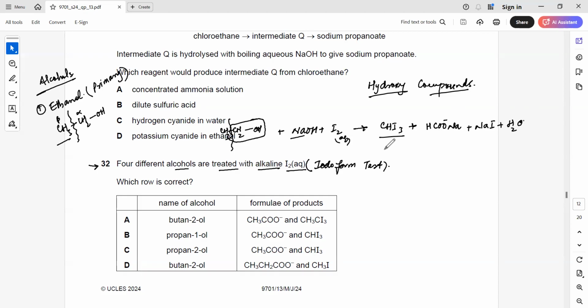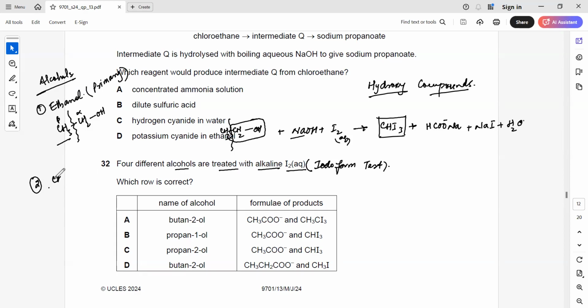Is it clear? So iodoform will be given in primary alcohols only by ethanol, which has a methyl group attached to the alpha carbon. Similarly, secondary alcohols which have a methyl group attached to the alpha carbon will give us the iodoform test.